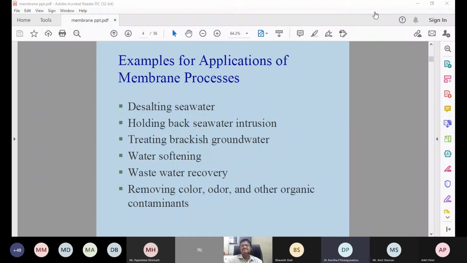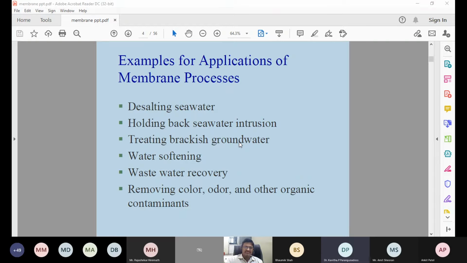Okay. Now if you remove the dissolved solids, that is called the softening or desalination of water. Because do you know what is the limit of the dissolved solids for drinking?